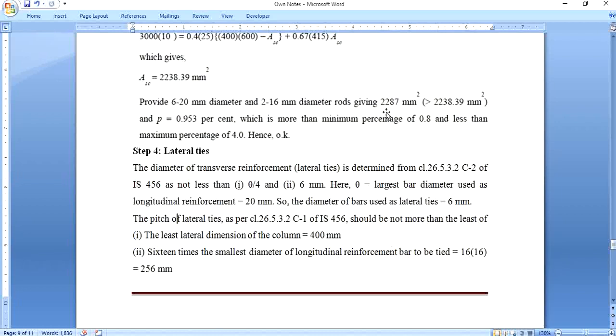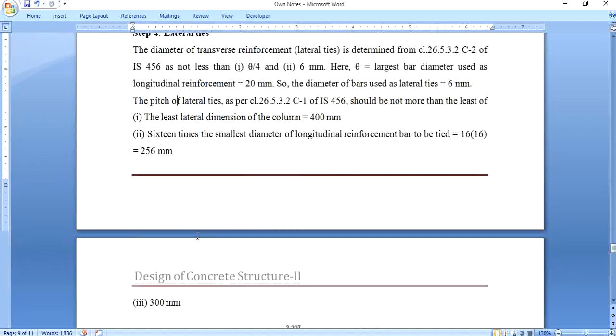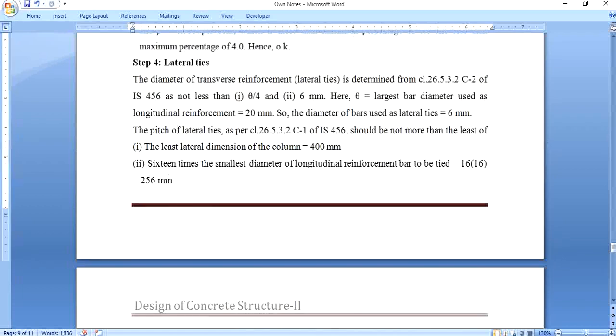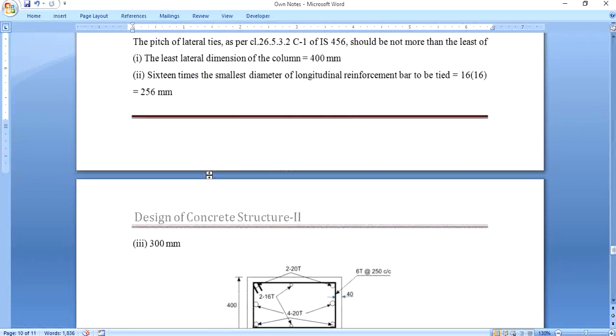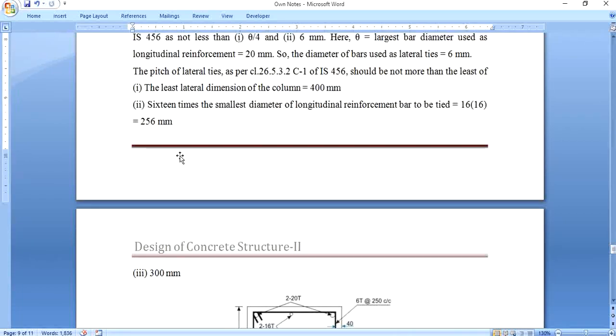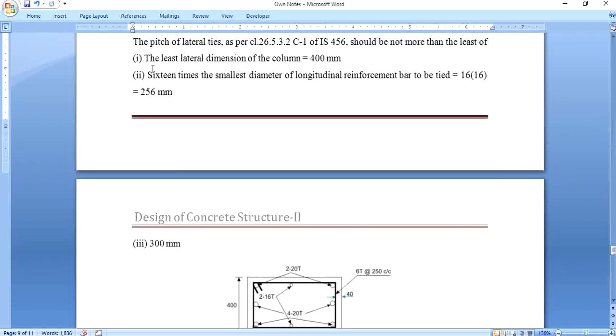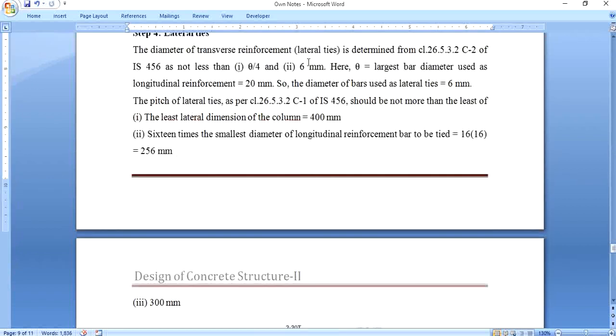We have used 20 mm and 16 mm diameter longitudinal bars, so 16 into 16 gives us 256 mm, and the third one is 300 mm. The minimum of these three we have to use as the pitch. According to IS 456, we are going to use the pitch as 256 mm. So 6 mm diameter we are going to use, and 250 mm pitch we can use for this.